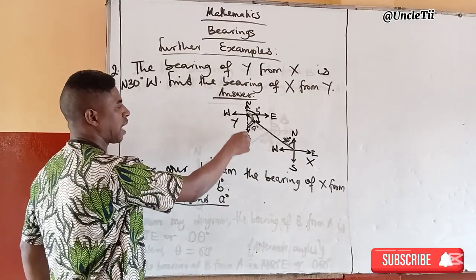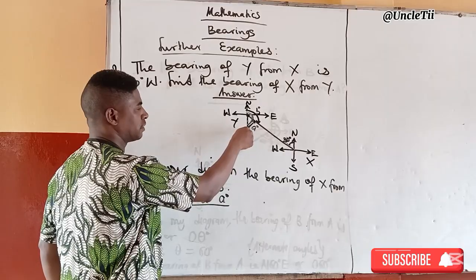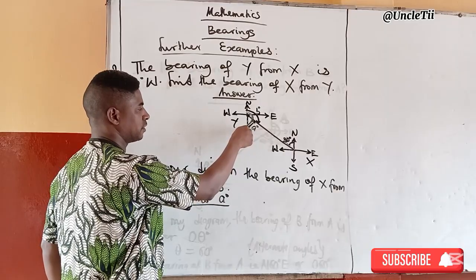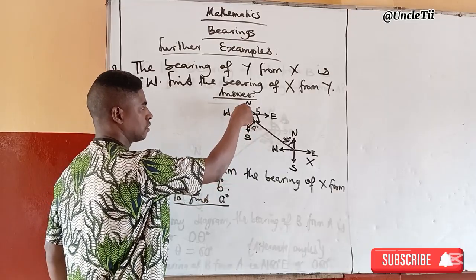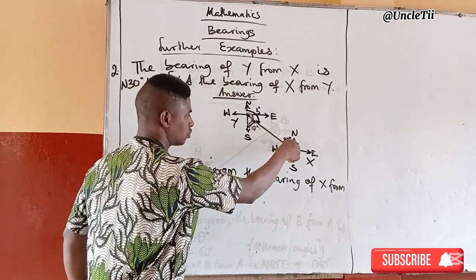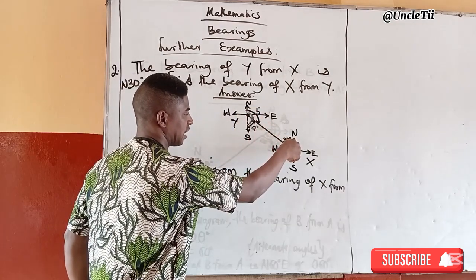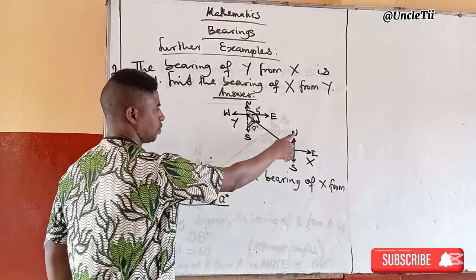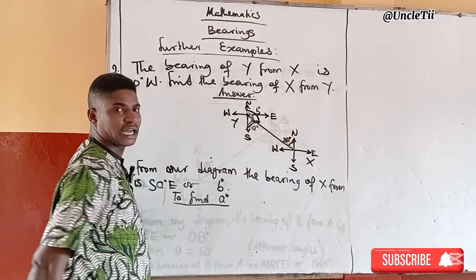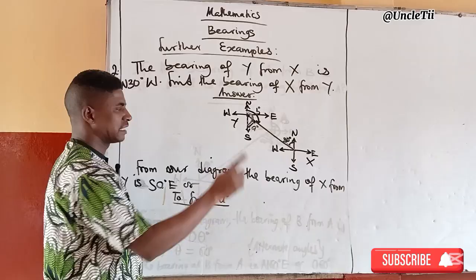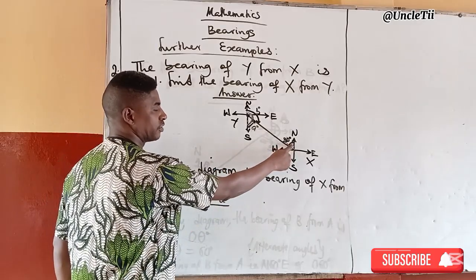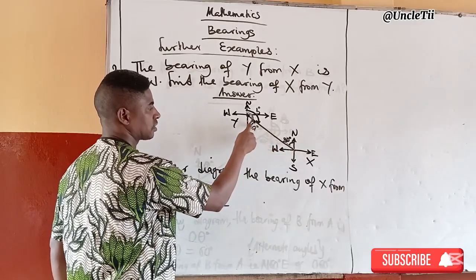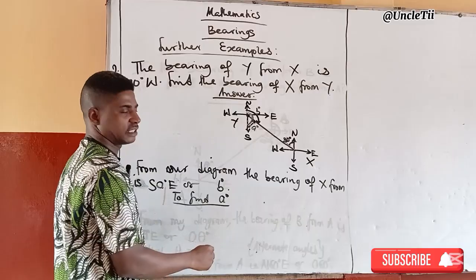Now, at y, if you run from the line depicting south down to x and then to the line depicting north, you will find a mathematical letter N, telling us therefore that this angle 30 degrees is alternate to this angle a degrees.